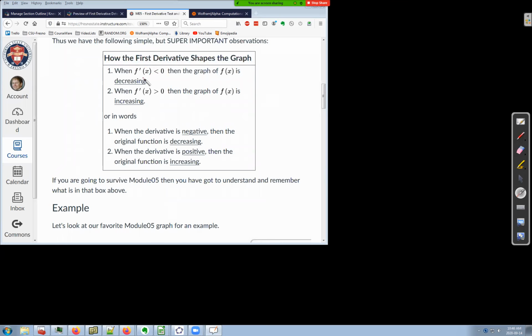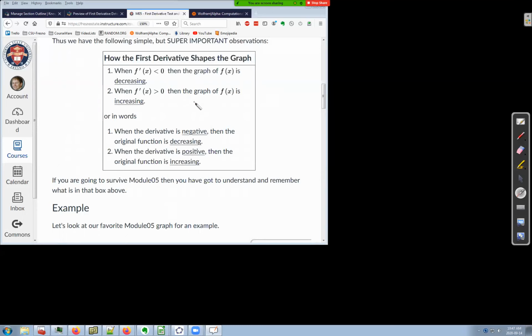So it says that when the derivative is negative, then the graph of the function is decreasing. And when the derivative is positive, then the graph of the original function is increasing. And the reverse of these statements is also true.